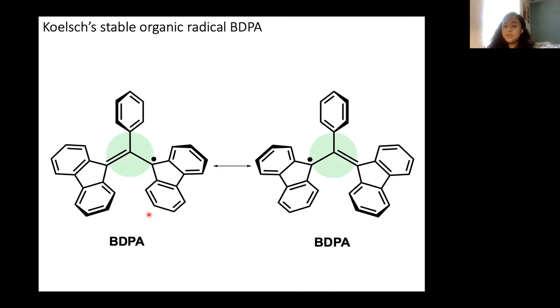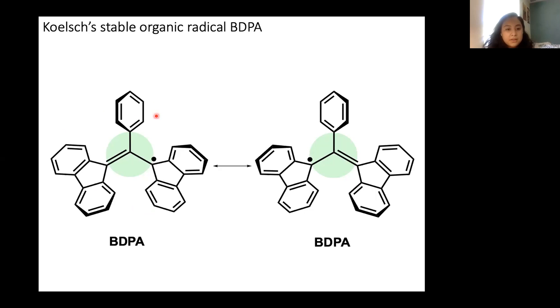In our aim to find a stable luminescent radical, we turned towards Kuhn's stable organic radical BDPA. BDPA is far more stable than the TTM or PTM series radicals because there are a couple of new differences here.